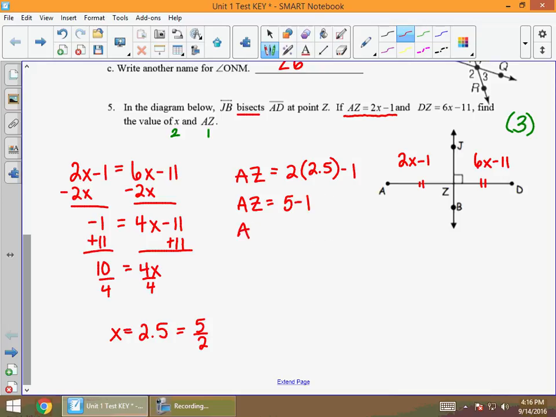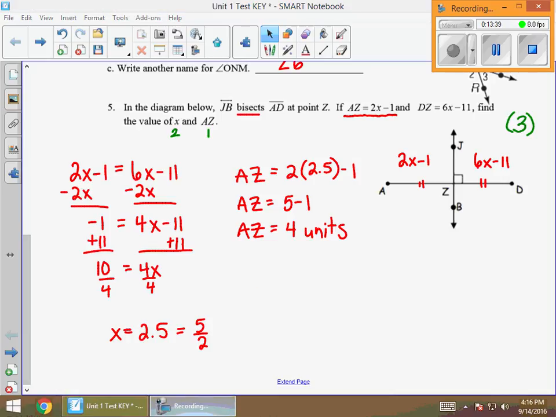So AZ is equal to 4 units. Remember, AZ is a measurement of a segment, so I will try to put a unit on there if I can. If I don't know, I just put the word units. If you were looking at 2 times 5 over 2, no matter if you're multiplying the fraction or the decimal version of it, you're still going to end up getting 5. So that is page 1 of the key, and next video will be page 2.